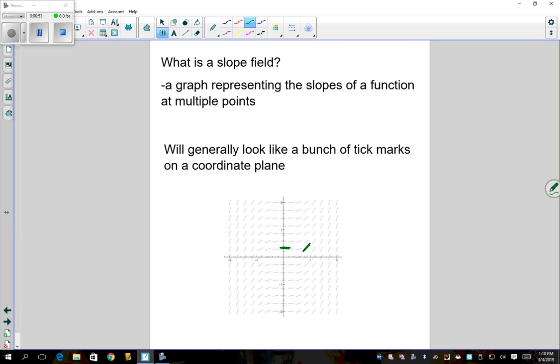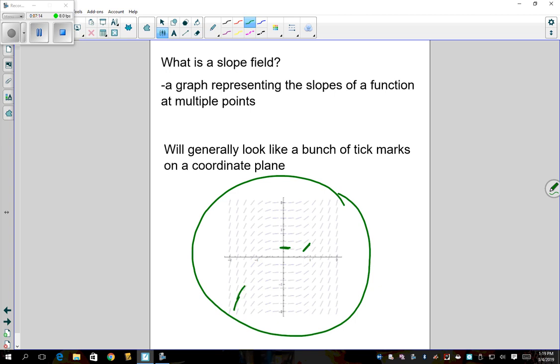And this entire thing represents the general solutions of a differential equation. If I wanted to find a particular solution, all I would really need to do is follow the path of these tick marks. And so if I notice, I start off steep. I'm going to erase these two.